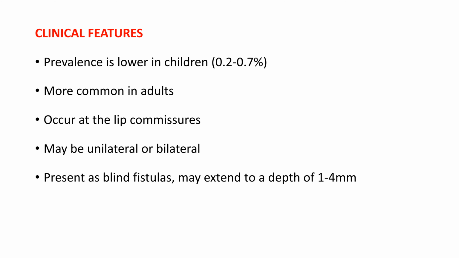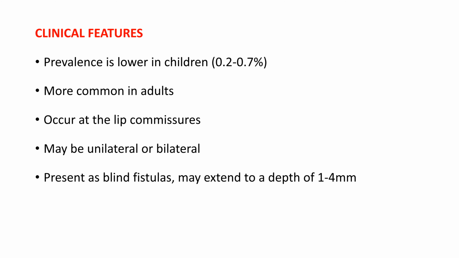Clinical features of commissural lip pit. The prevalence is lower in children, around 0.2 to 0.7%, and more in adults. It occurs at the lip commissure, as I already showed in that picture, on the commissure or the corner of the mouth.